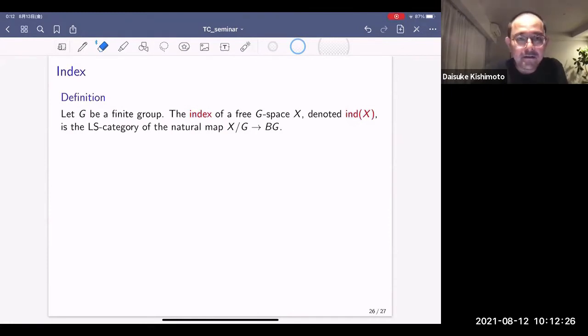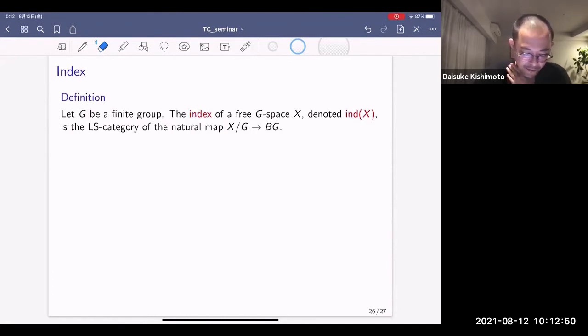And the acyclicity is used to apply the Borsuk-Ulam type theorem. Actually there are many invariants which are used to apply the Borsuk-Ulam theorem instead of acyclicity or connectivity. One of them is the index.